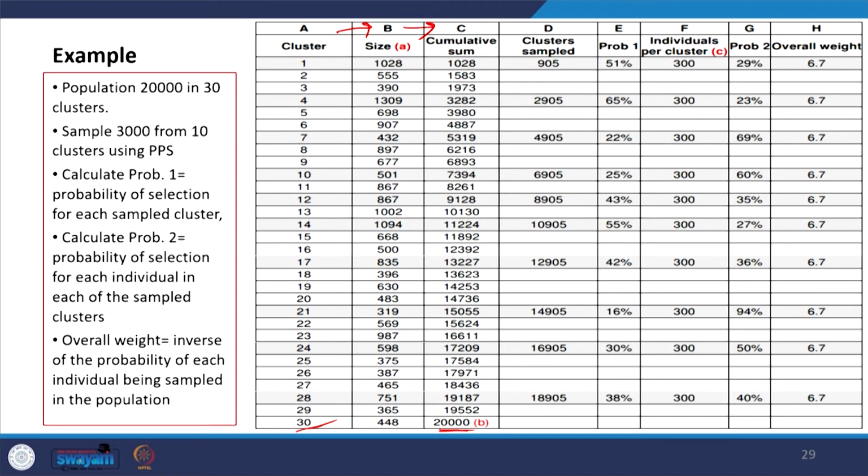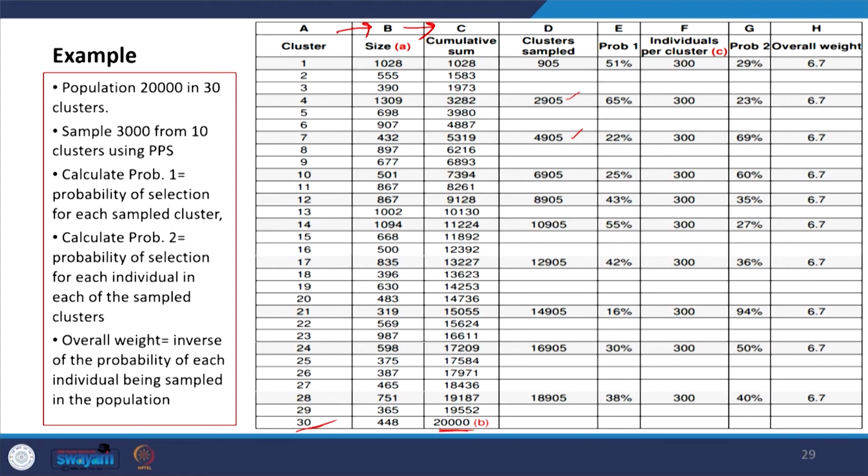Out of 20,000 we can get each of those numbers: 905, 2905, 4905, those numbers could be taken as the sampled clusters based on the sample interval. I will guide it from another simplified data, but here you can just see how to calculate the probability of selection of each sampled cluster.